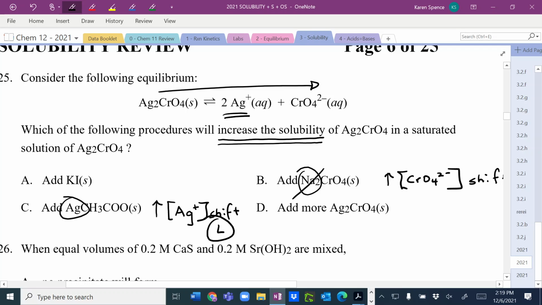What will happen if we add more of this solid here? Nothing, because changing this solid will have no effect on the equilibrium. Solids do not affect the equilibrium. And when I say a solid, I don't mean you add some other solid and it dissolves and then its ion has an effect. I mean the low solubility solid that's on the left, that solid has no effect on the position of the equilibrium.